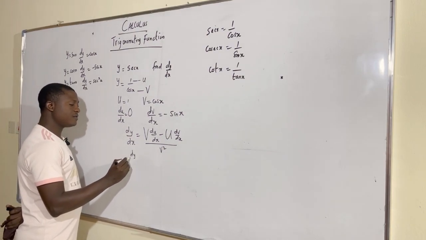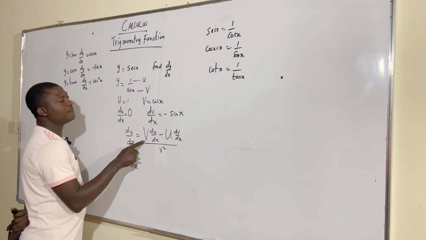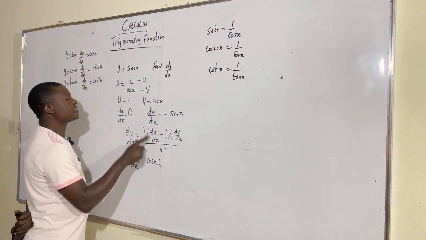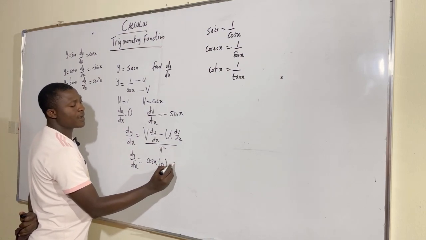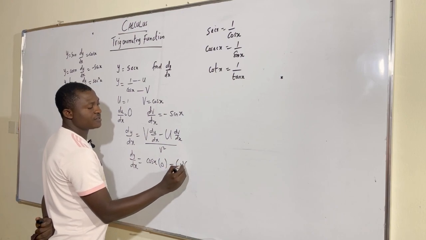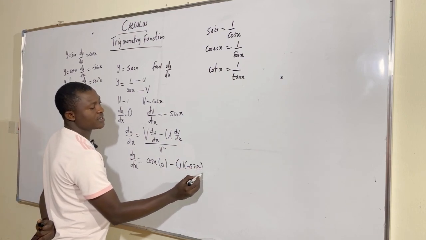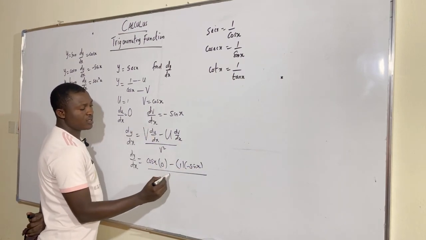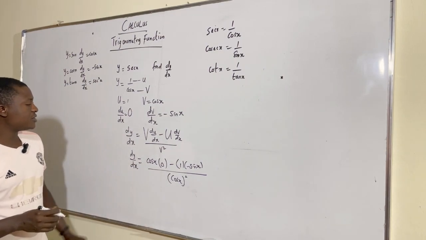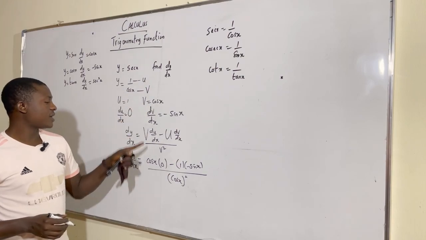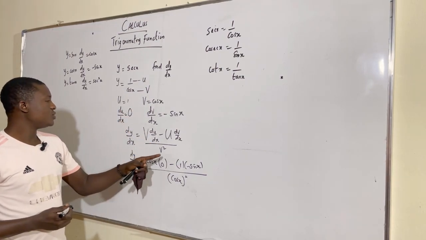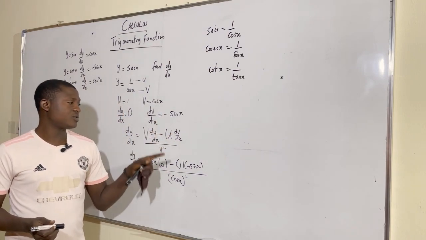So here we can have dy dx is equal to v, our v is cos x, du dx that we have is 0, minus u, the u we have is 1, dv dx we have is minus sine x, all divided by v squared, which is cos x all squared. Just making simple substitutions.